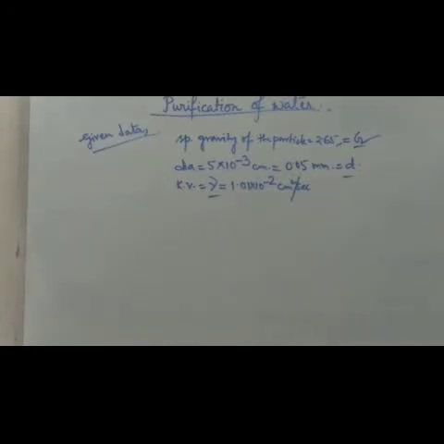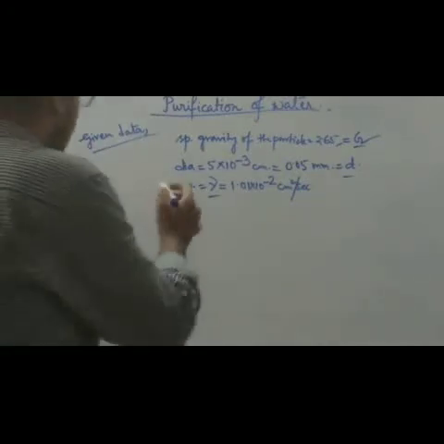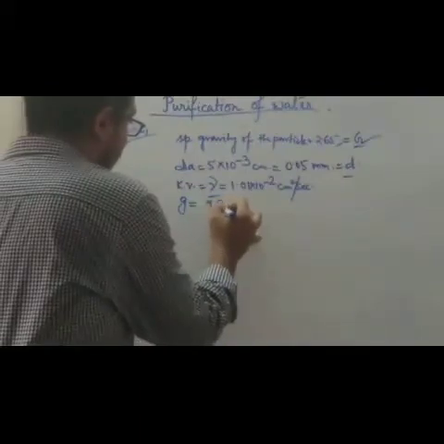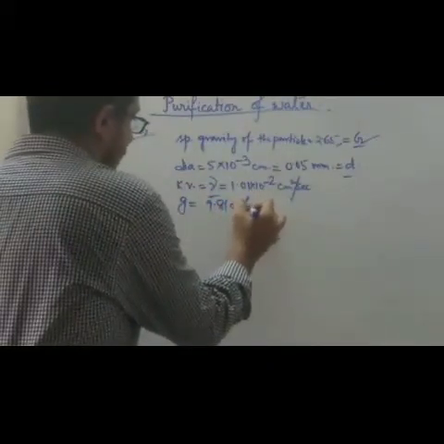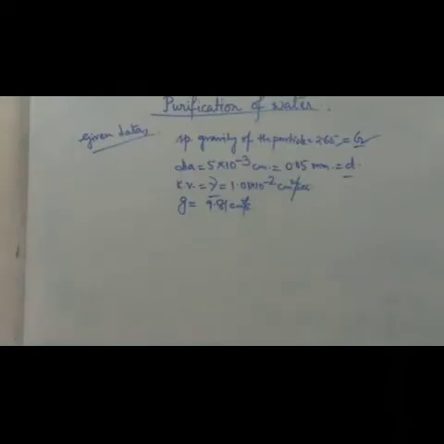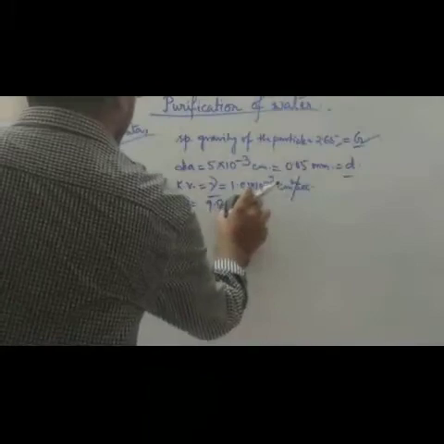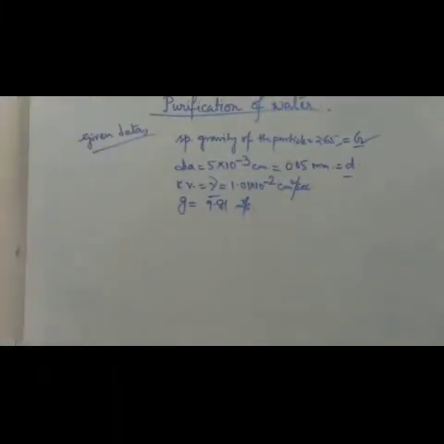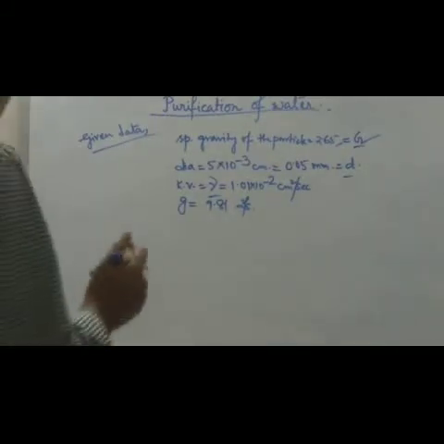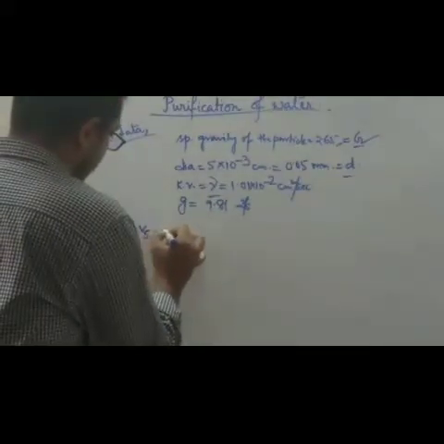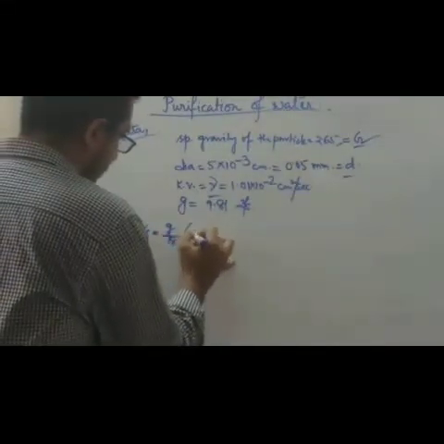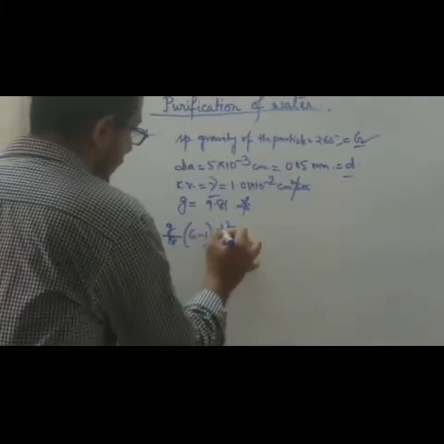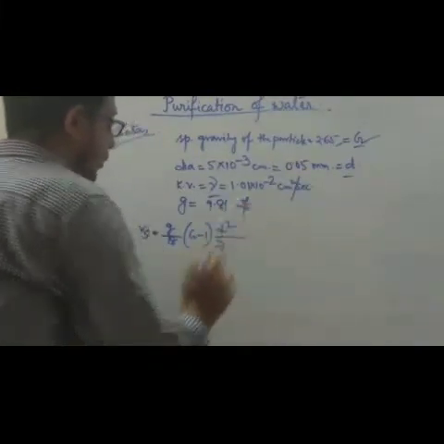And the last thing, that is g, the gravitational acceleration, 9.81 meter per second square is given. Now we will put this value in the equation. So what is the equation? Equation is Vs equals g by 18 (G minus 1) d square by nu.